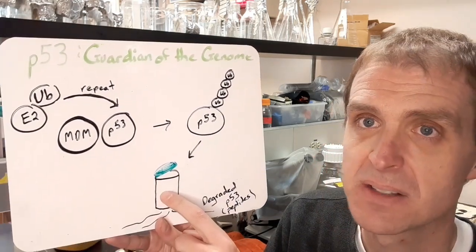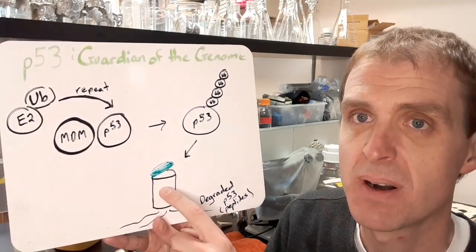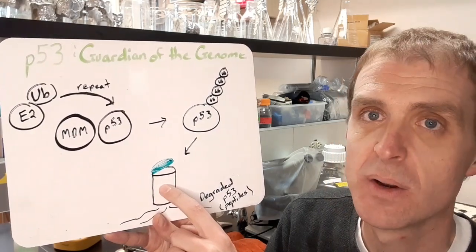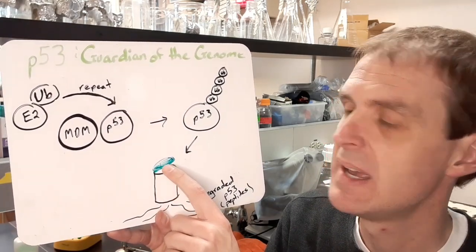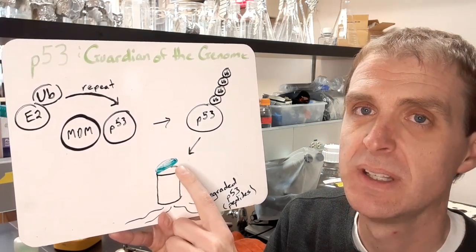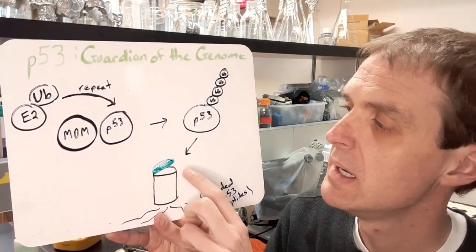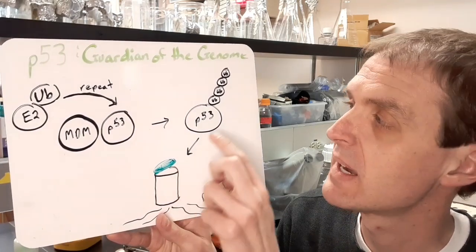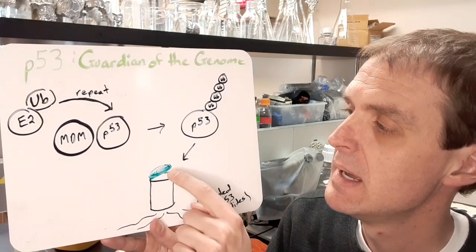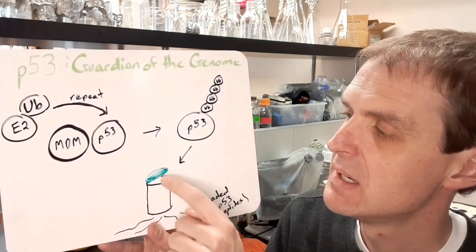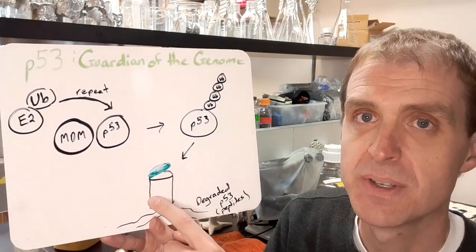And I always think it looks like a soup can. The main part of the can is loaded with proteases. Those are enzymes that break down proteins. And the top, the green part, the lid of the soup can, is a regulatory domain that can recognize this ubiquitin chain on p53 and cause p53 to be fed into the soup can.